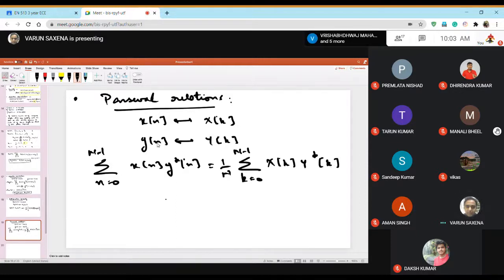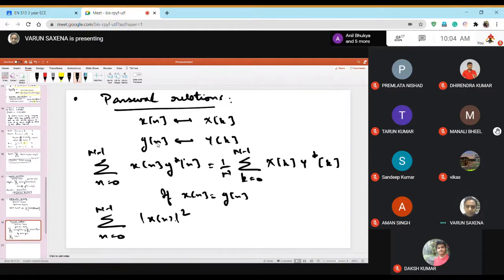And if x[n] is the same as y[n], then this relation becomes what you have probably seen: 1 upon N summation of mod X[k] square.